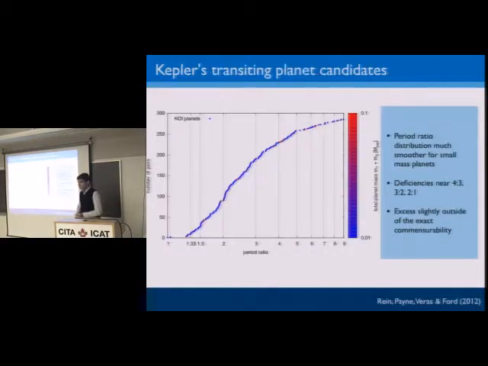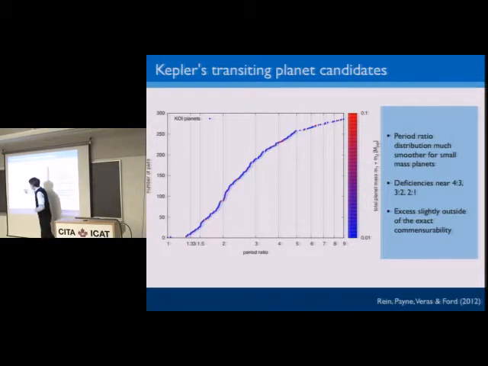You can do the same period ratio distribution plot that I made before, but this time for the Kepler planets. What you see is a curve that looks much smoother than the other ones. And it's not only smoother because there are more planets, it's smoother because there are far fewer features present in this distribution. So these planets are more randomly distributed than the more massive ones that were discovered with radial velocity.